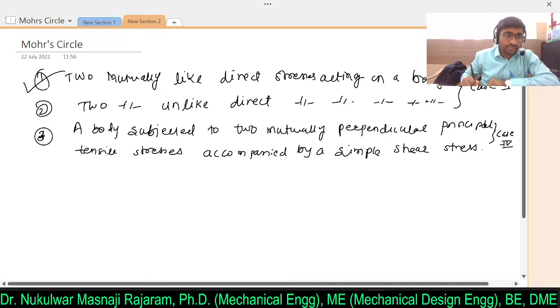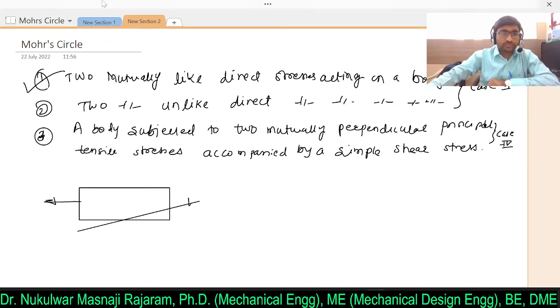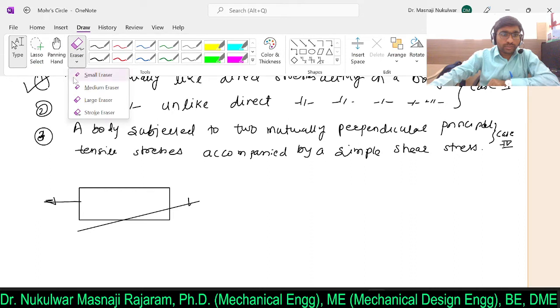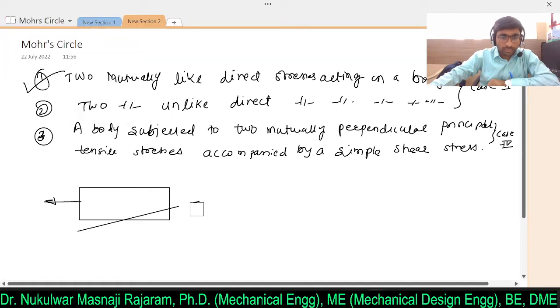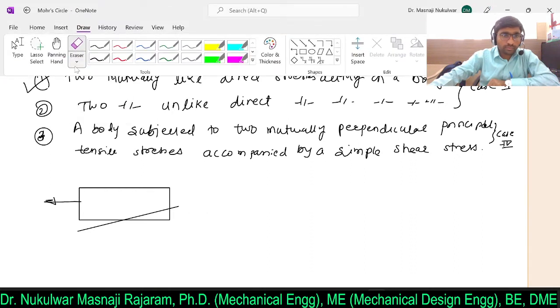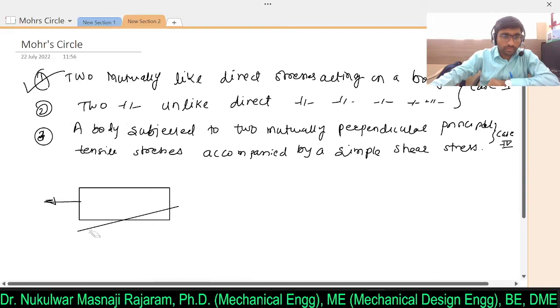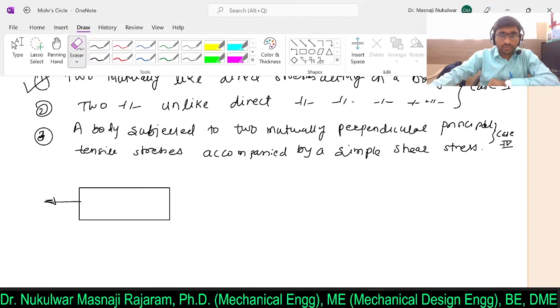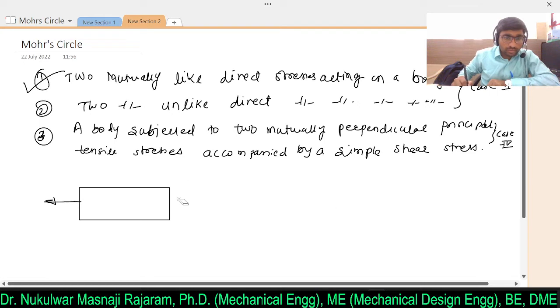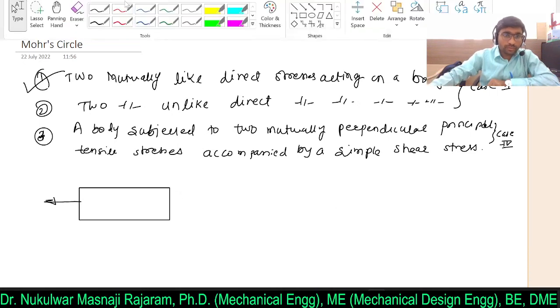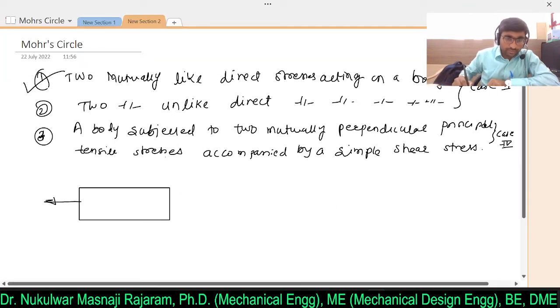First I will consider the first method. Here we consider a bar, and this bar is subjected to two mutually perpendicular stresses.